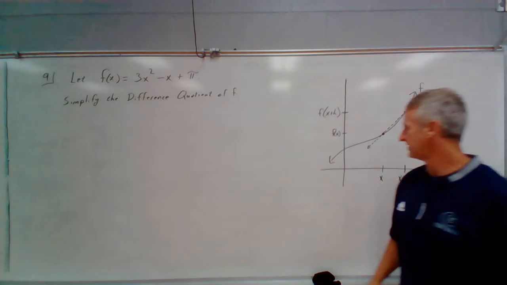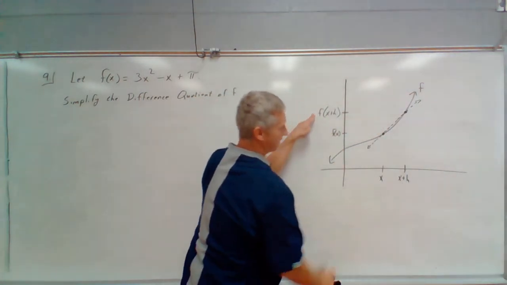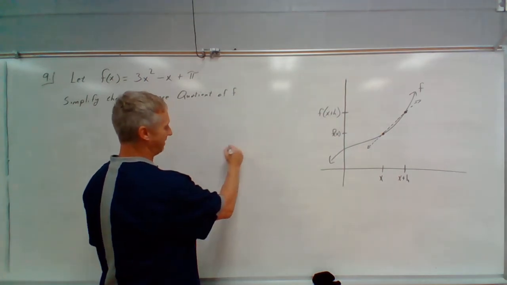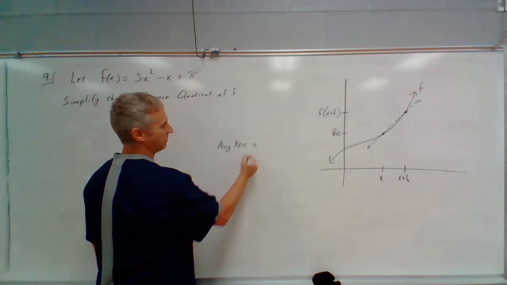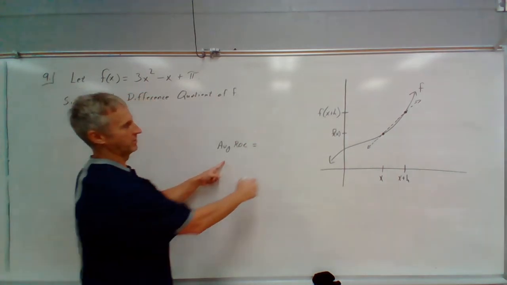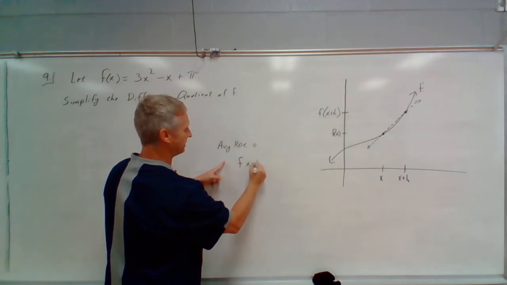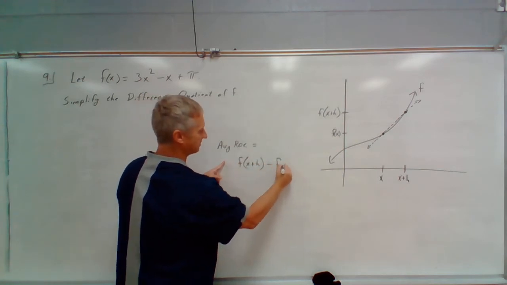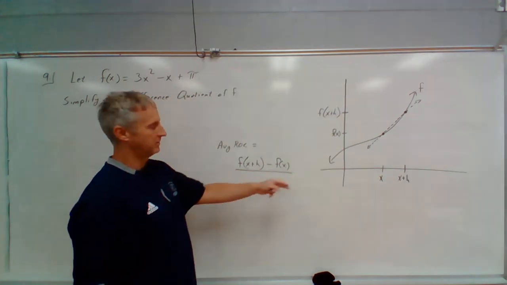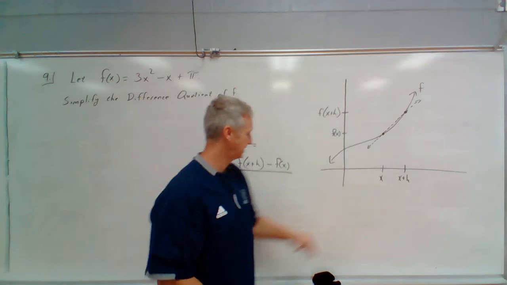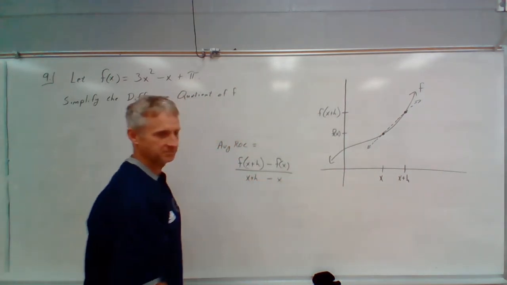You guys all know how to find the slope of a line: y2 minus y1 over x2 minus x1. So the average rate of change would be equal to y2 minus y1, so f of x plus h minus f of x, over the change in x, so x plus h minus x.